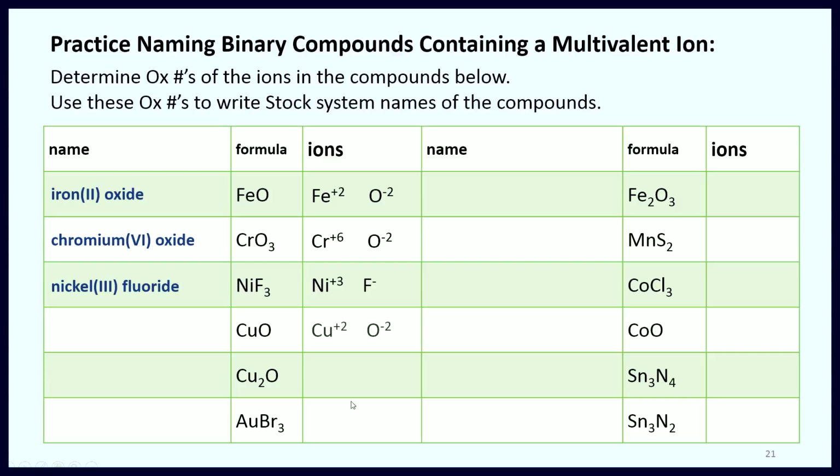The next example, oxygen is -2, so copper must be +2, hence that's copper 2 oxide. In Cu2O, oxygen is -2, and there are 2 coppers, so each one must be +1, that would be copper 1 oxide.